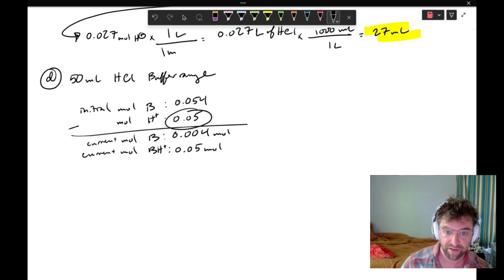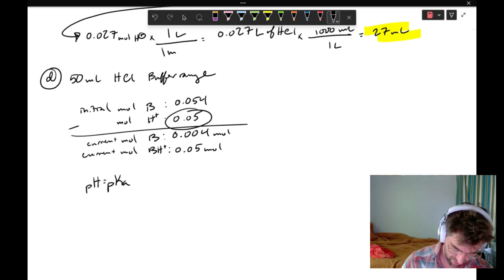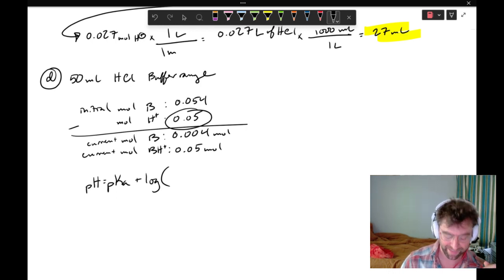What am I forgetting here? No, I think we're good. We can use this Henderson-Hasselbalch equation. We just need to be careful again. This is where having the complete form is really helpful. So for the weak acid with a strong base titration, it was A over HA.